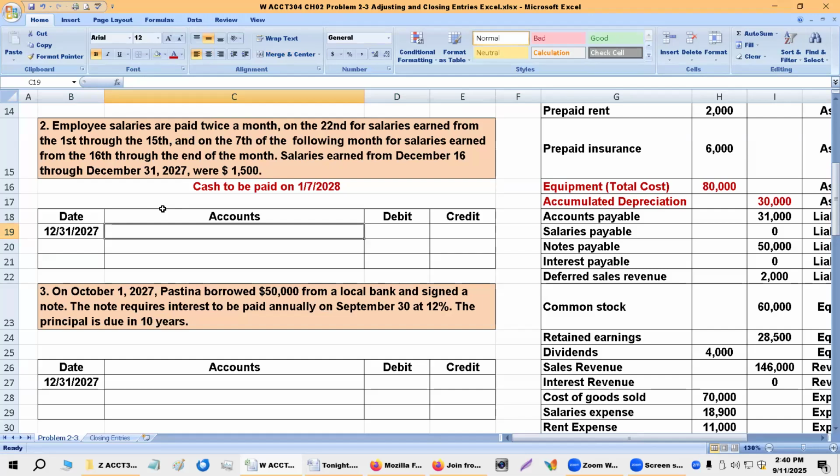We haven't paid them, yet we owe them. Give me one of the accounts. Accounts payable. Yep, we're going to call it salaries payable, but yeah, it's going to be a payable. We owe them.